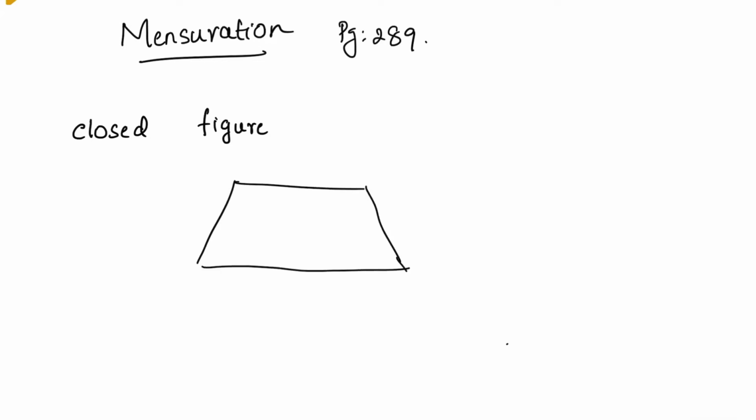All the four sides are joined together, so we get a closed figure. The figure should be closed and it can have either straight lines or curved lines also. That is the meaning of a closed figure.